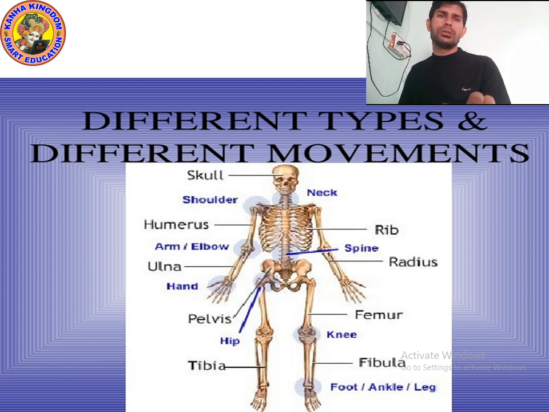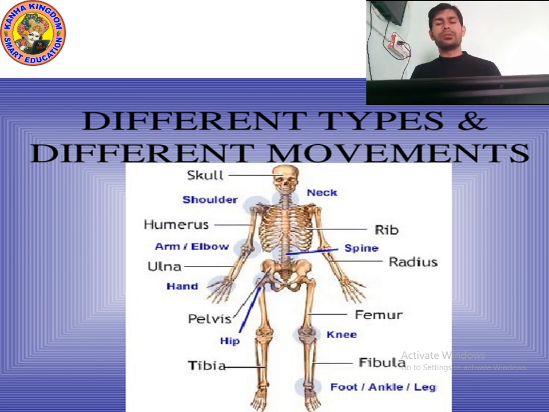You know endoskeleton and exoskeleton now. Endoskeleton is the skeleton found inside the body, and exoskeleton is found outside the body. As you can see in the picture on your screen, is it endoskeleton or exoskeleton?